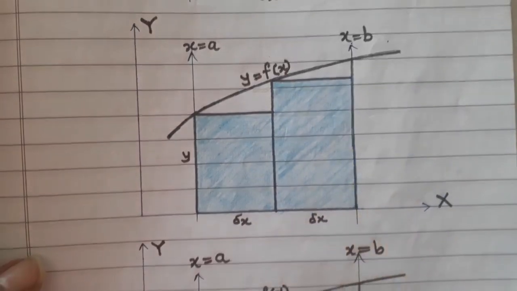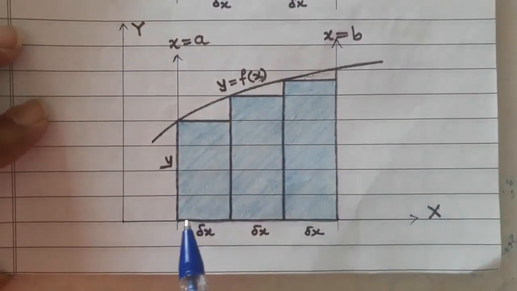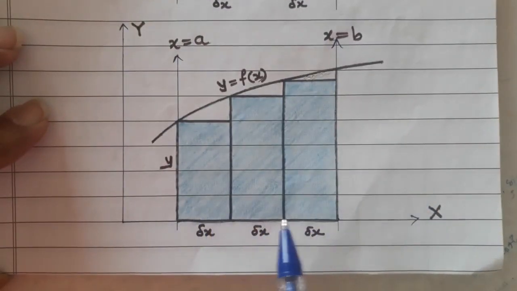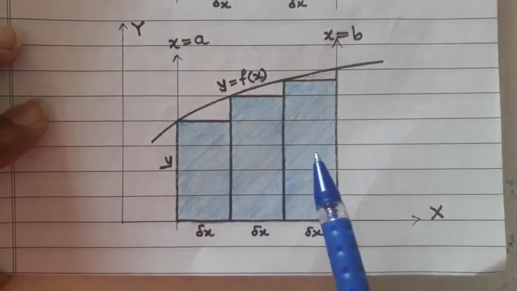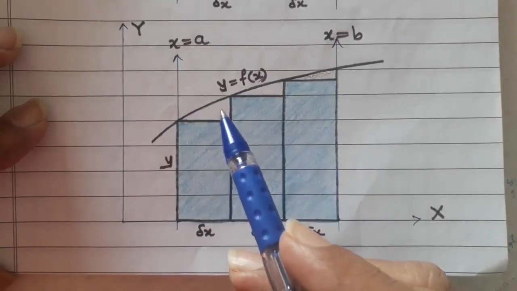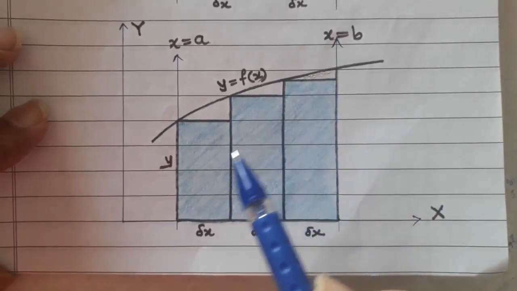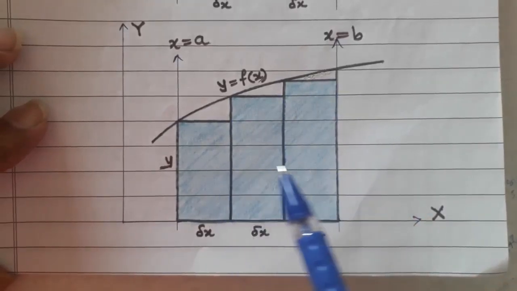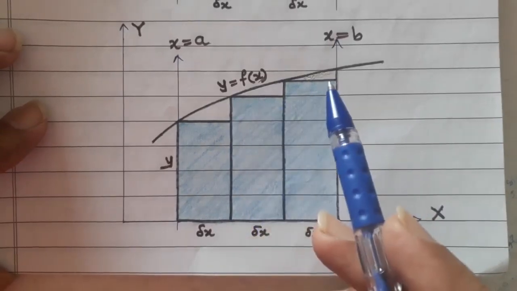Same thing, if we divide the line segment into three equal parts, I will get three rectangles and their addition will give us the area. But now the error is this much plus this much plus this much. That means as we increase the number of rectangles, the error goes on reducing.